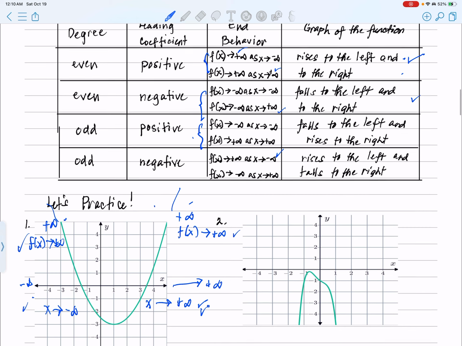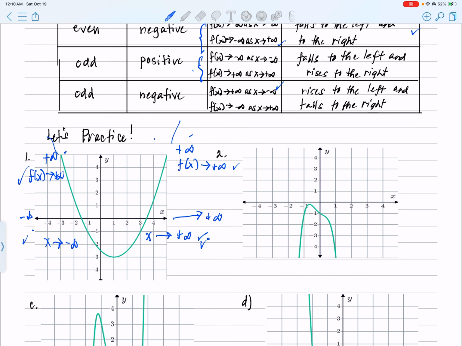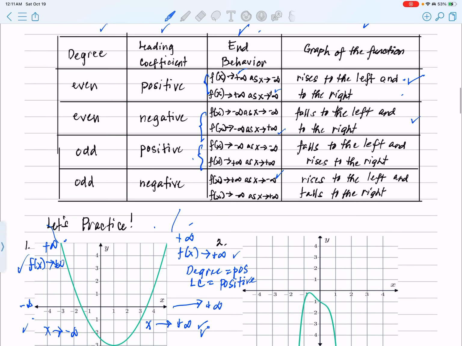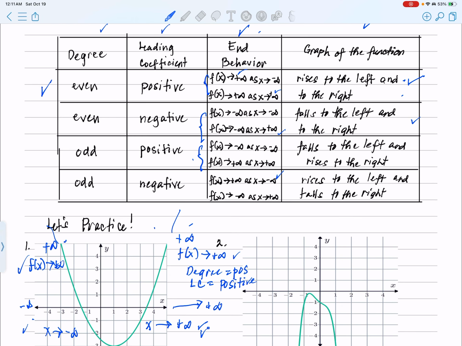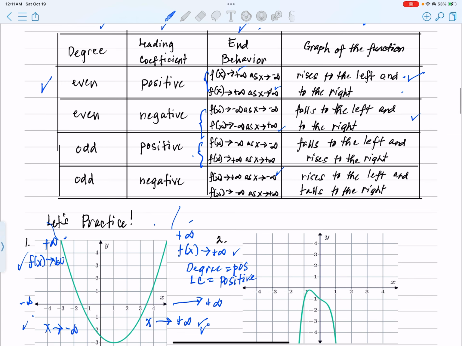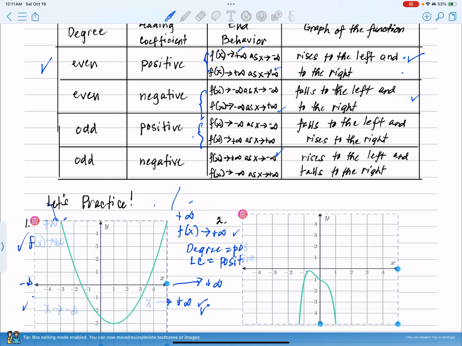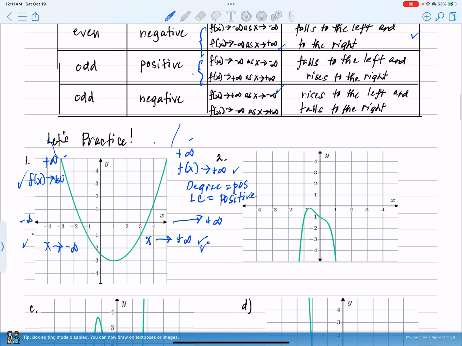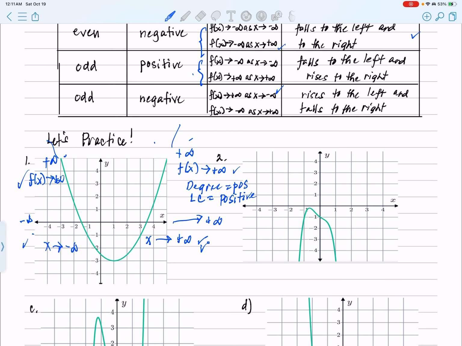In other words, our degree here is even, and the leading coefficient as well is positive, because it belongs there on the first one, even positive. So this is a smooth curve of a parabola. So it's a quadratic function. That means the degree is 2, to the second power.